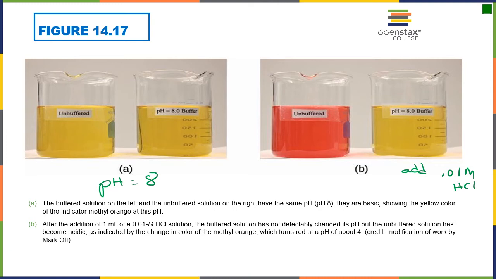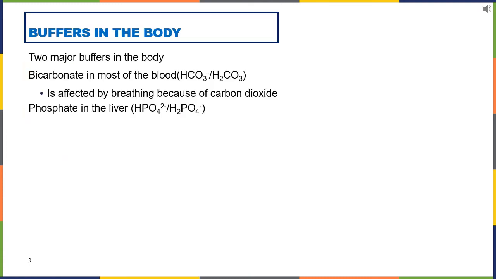If I just put it into a solution that isn't buffered, that's actually quite a bit of strong acid, and my pH is going to go way down. But if I do it into a buffered solution, where it's going to have species in it that resist a change in pH, we're going to see that the color stays the same because the pH stays the same. Our buffer resists change in its pH.